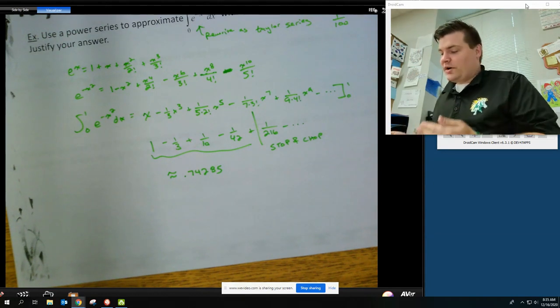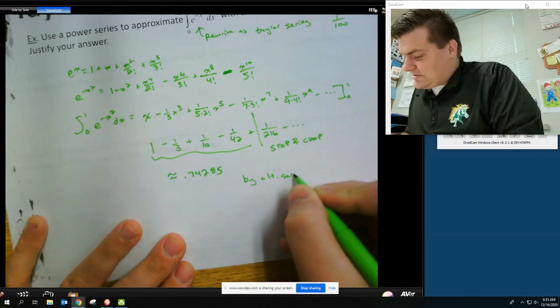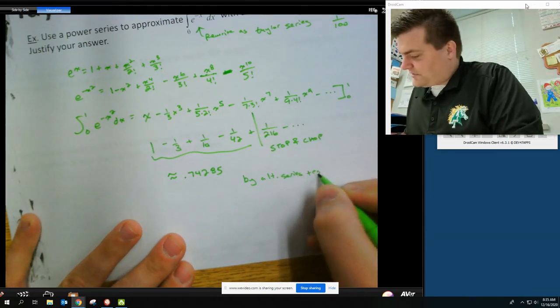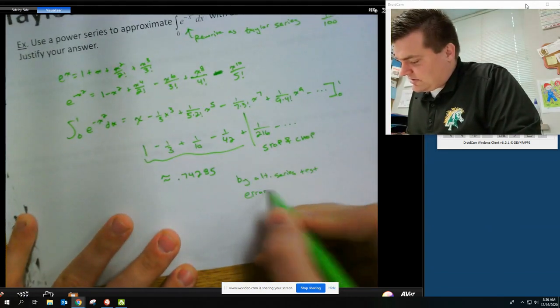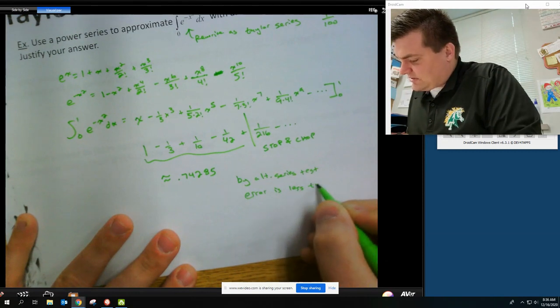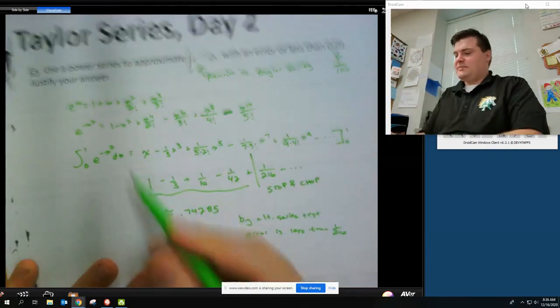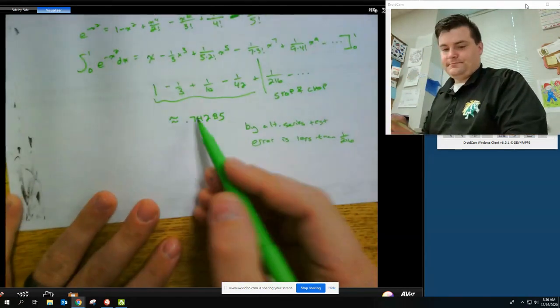This works because we have an alternating series. By the alternating series test, the error is less than 1 over 216. We can use our alternating test, and we're good to go.